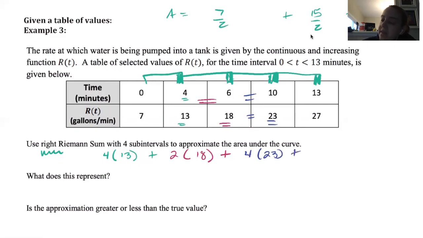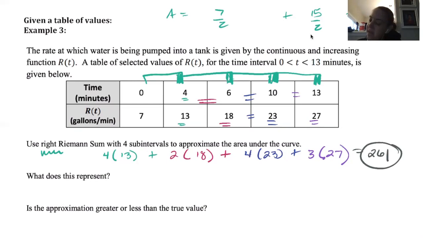And the fourth rectangle is 3 units wide and 27 units tall. So they didn't give me a function this time, and they also have different widths for the intervals. And that's what happens on the AP exam. They almost always have different widths like that in the table. 2 times 18 plus 4 times 23 plus 3 times 27 is 261.